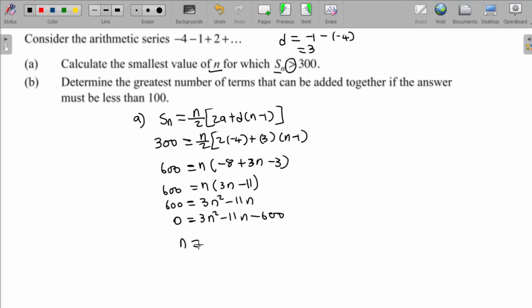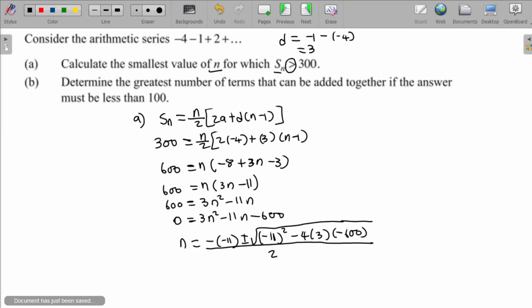So my n is equal to negative negative 11 plus or minus the square root of negative 11 squared minus 4a, where a is 3 and c is negative 600, all over 2 into 3.